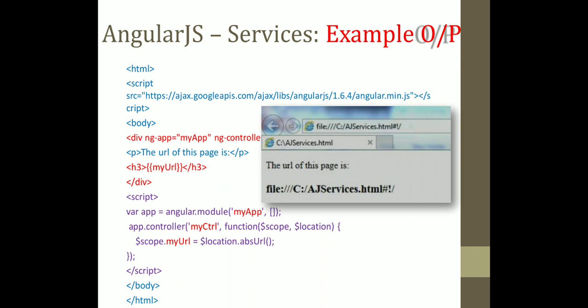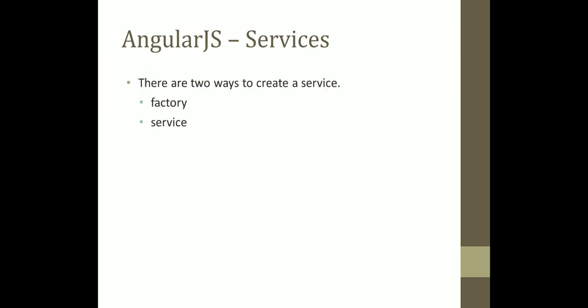So the expression is written in the text, that is myUrl, that we can see in the red line in the h3 heading. Okay, so in front of that only our output is displayed.